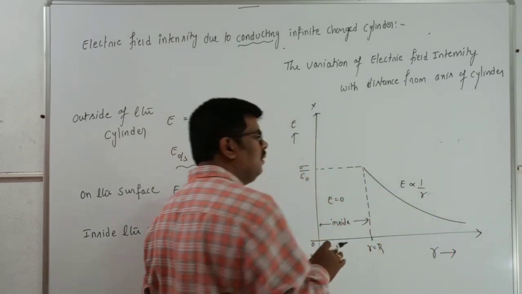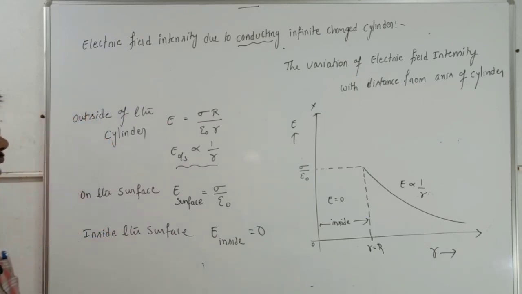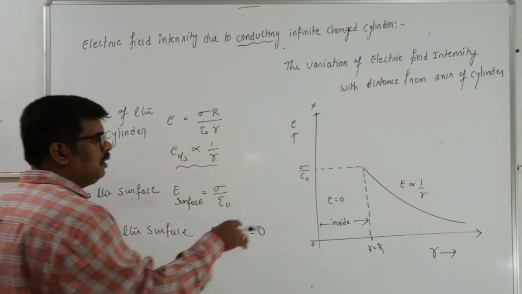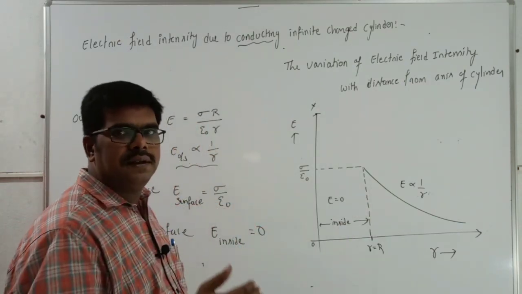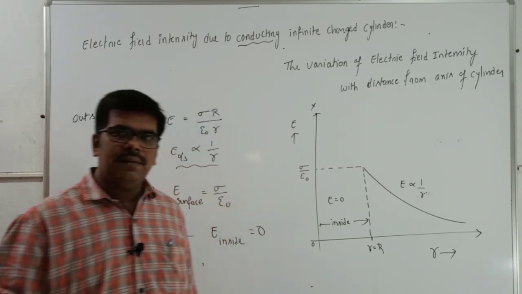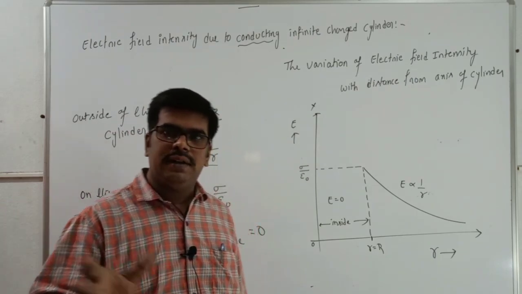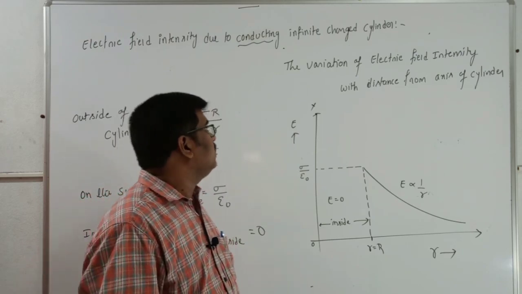This is the variation of electric field intensity for an infinite charged conducting cylinder. If it is non-conducting, charge will be present inside, so the electric field intensity inside will not be 0. Some electric field intensity will be present inside. That case we will discuss in the next class.